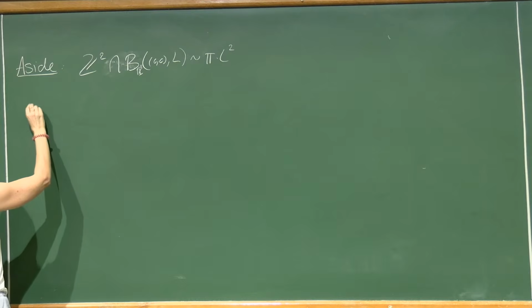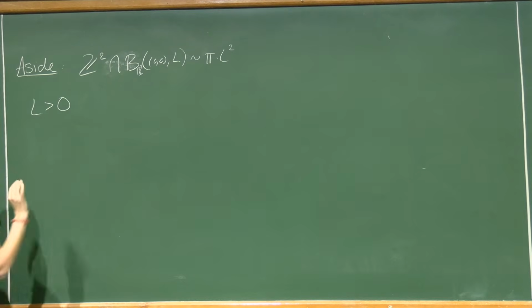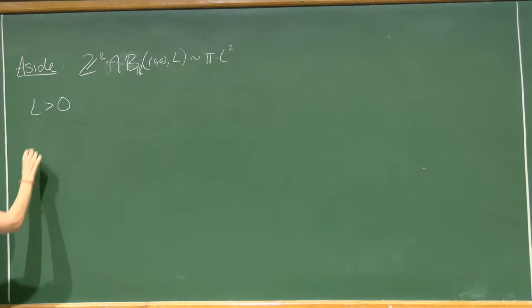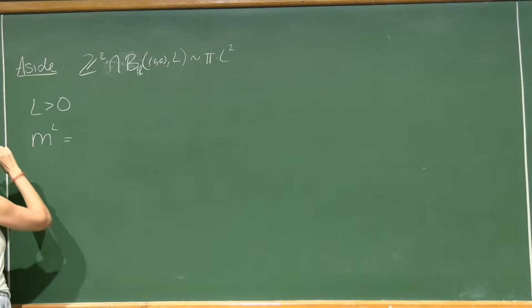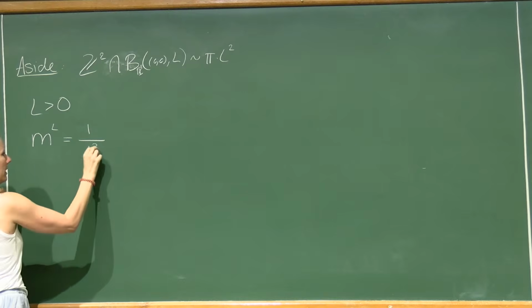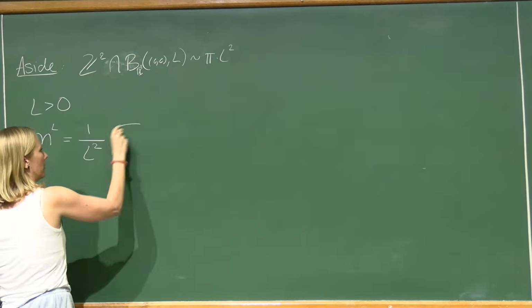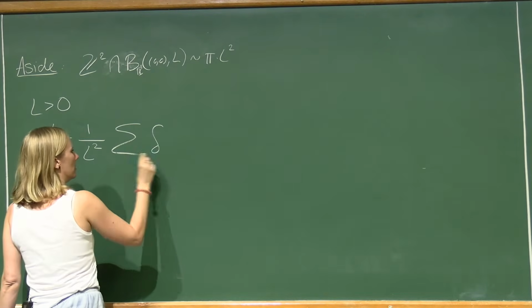So for each L, I fix some L, and I'm going to define the following measure, M_L, given by, I'm going to scale by 1 over L squared, and then take the counting measure.